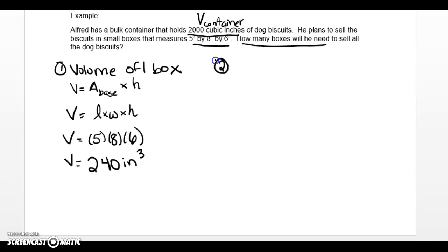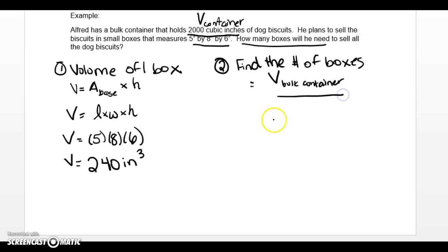Step number 2 is to find the number of boxes. To do that, you're going to take the volume of that bulk container and divide it by the volume of each small box.